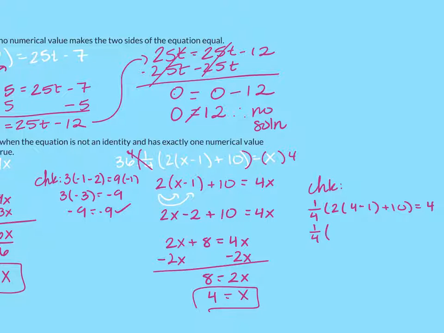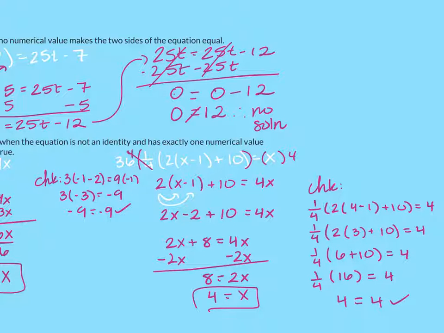So that's going to be 1/4 times 2 times 3 plus 10 equals 4. I'm going to multiply the 2 and the 3, so I get 6 plus 10 inside the parentheses. I'm going to add those together, so I get 1/4 times 16 must be 4. And 16 divided by 4 is 4, so 4 equals 4. So that is the solution.